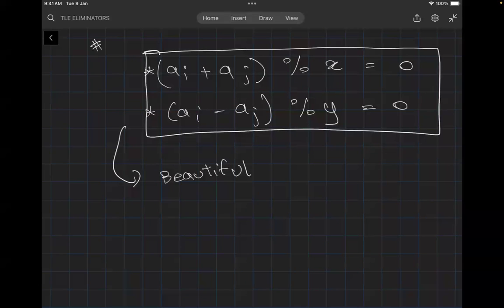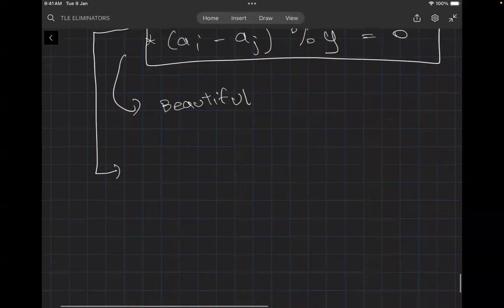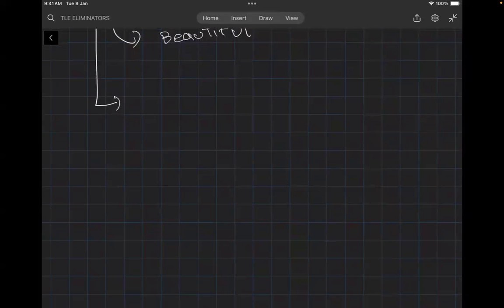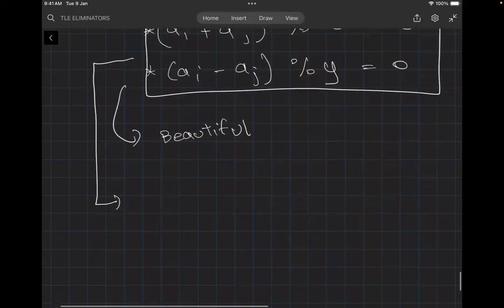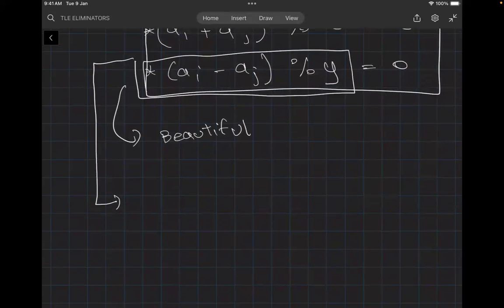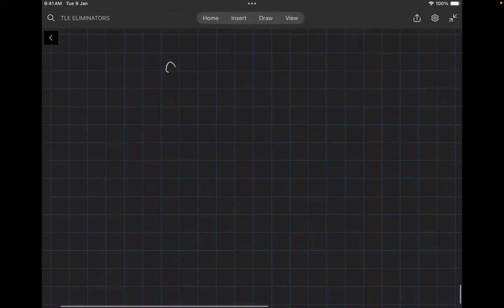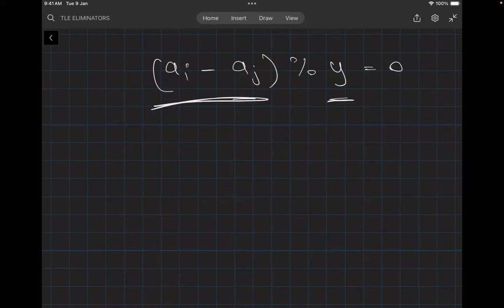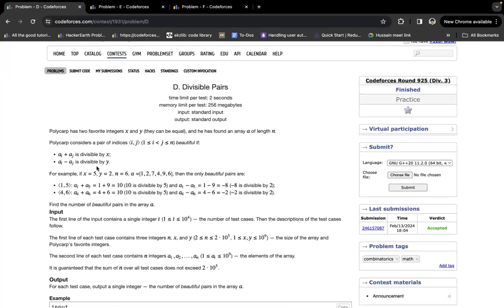So if we just observe these two equations, we will come to know the solution. Okay, let's take an example. Let's solve this y condition first. a_i minus a_j mod y is equal to 0. What does this mean? That the difference is divisible by y. I am exactly writing what is given in the problem statement.